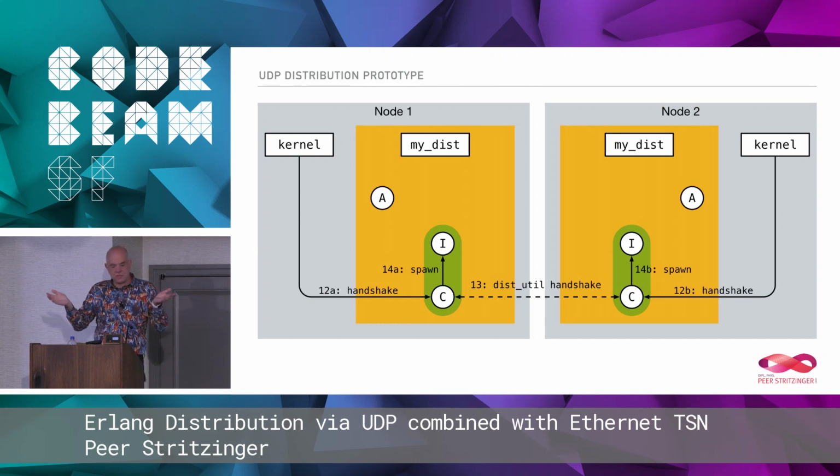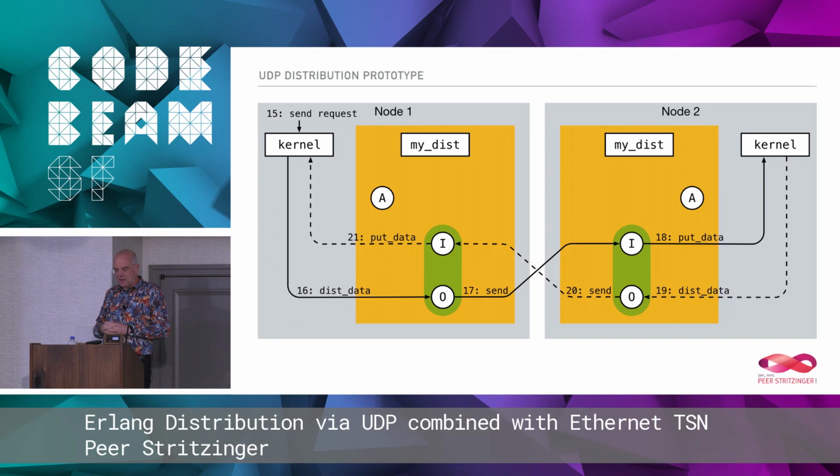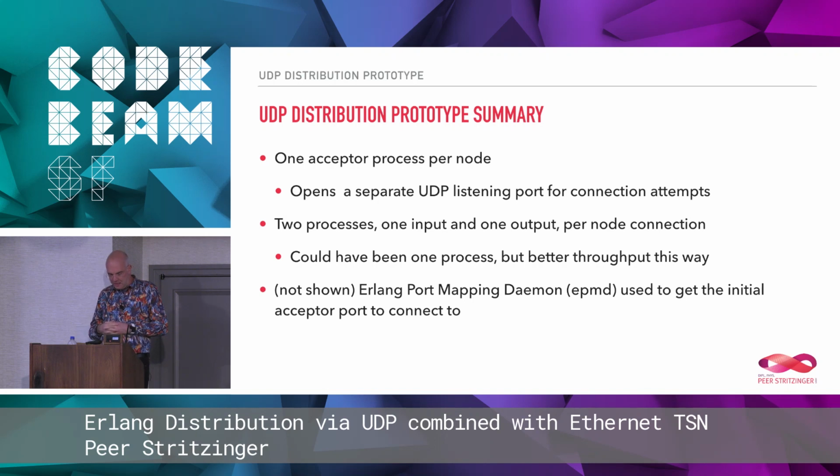So now the handshake is done. From then on, messages get transferred through this input-output process pair. It's a process pair for efficiency reasons. With the port data, put data and get data are the functions that you need to implement to receive data and send data.